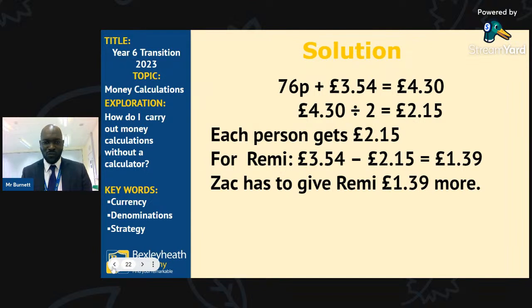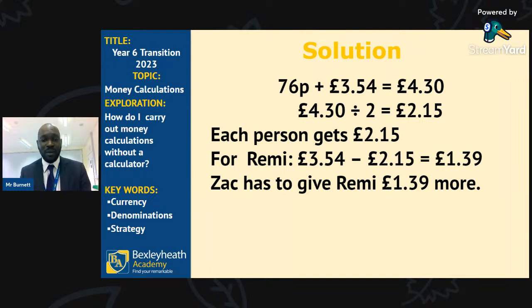All right, so in solution form, it would look like our sum or our total amount is going to be £4.30. We share that equally between two of them, we get £2.15. So at the end, each person should get £2.15. So therefore, the difference between what Zach has and what he must have at the end is £1.39.